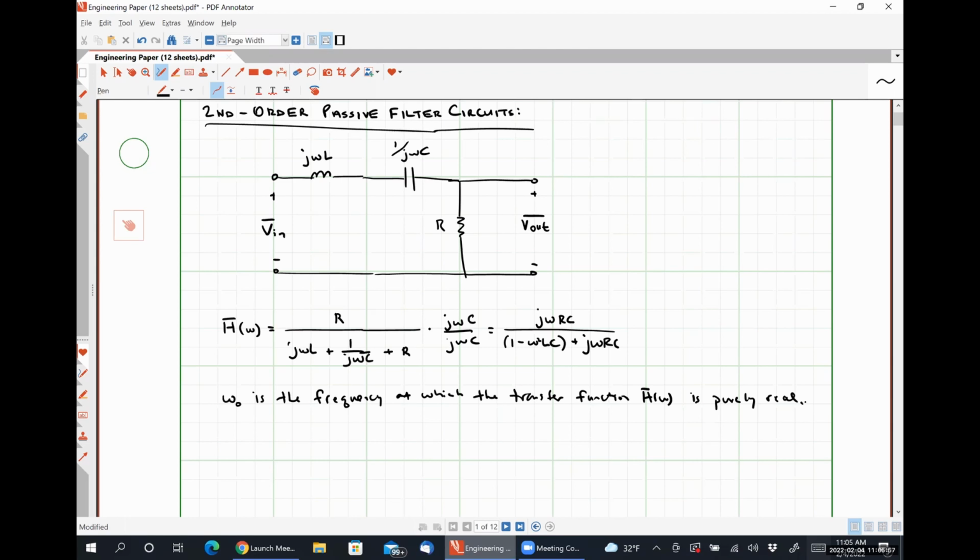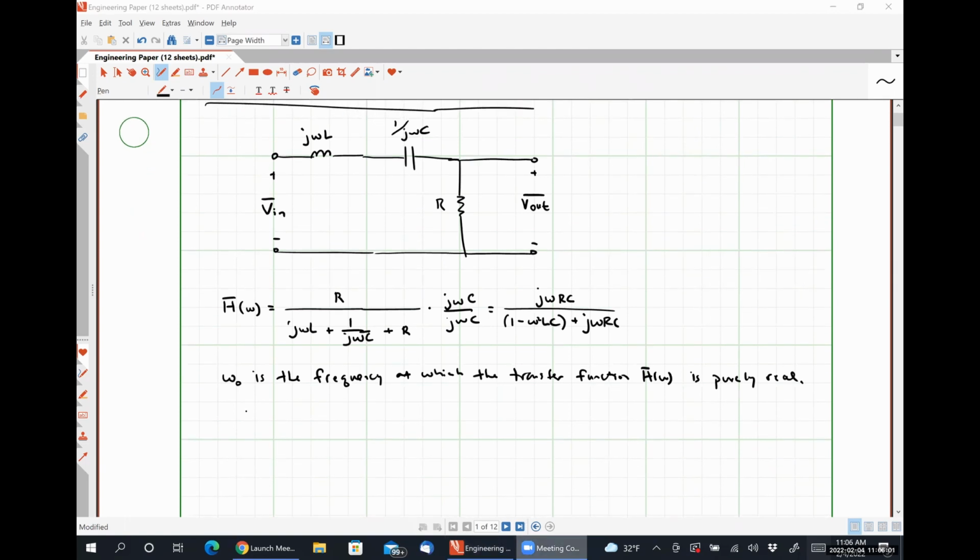So our transfer function would be purely real. So from that, it should be fairly obvious to see that omega naught is going to be the square root of 1 over LC, which is exactly what omega naught was for a series RLC circuit, because they really represent the same thing.